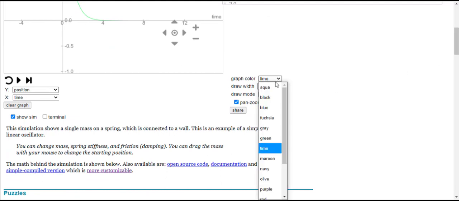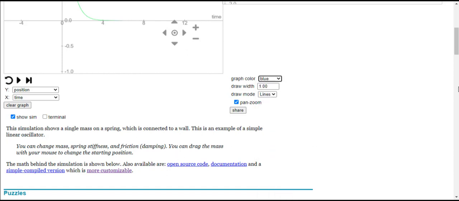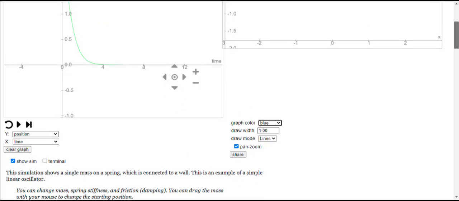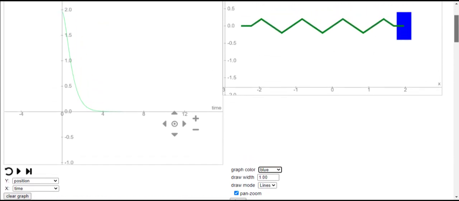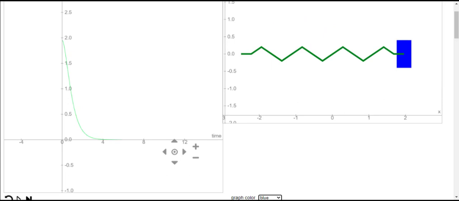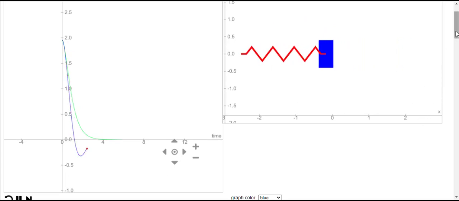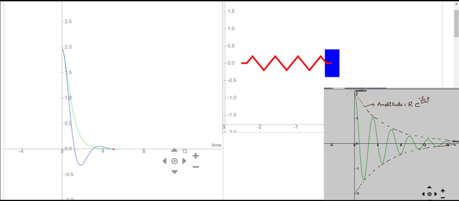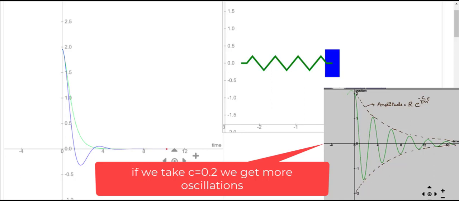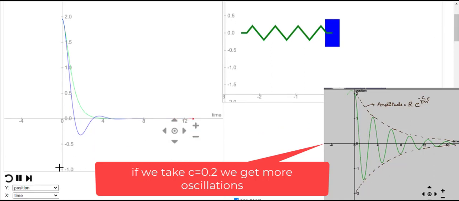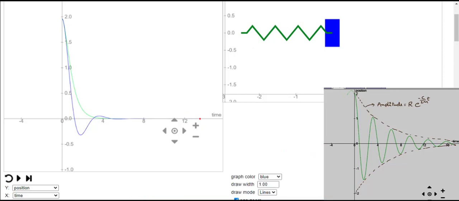Let us put it as blue. So I have set it as blue. Let's play it. Now you can see the oscillation. Oscillations happen only in the case of underdamped, which is when the discriminant is less than 0.